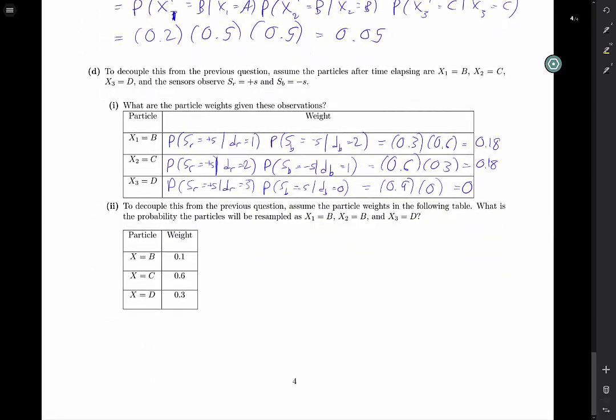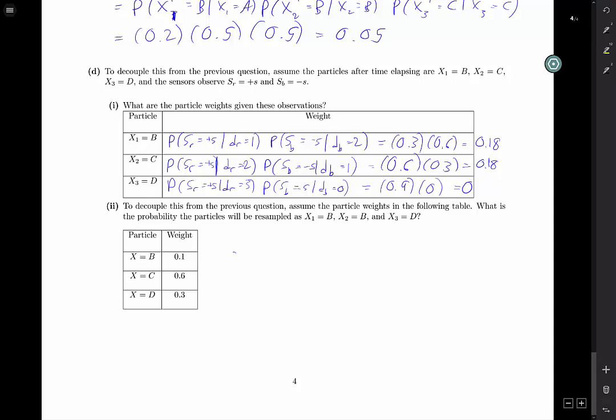Now, to decouple this from the previous question, assume the particle weights in the following table. What is the probability the particles will be resampled as x1 equals B, x2 equals B, and x3 equals D? First, what is the probability that we draw x1 as B?